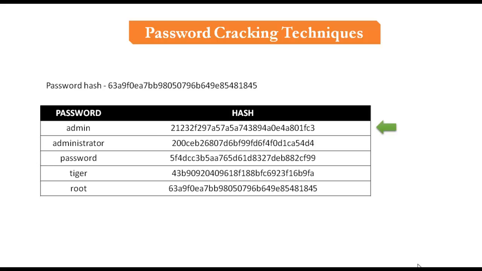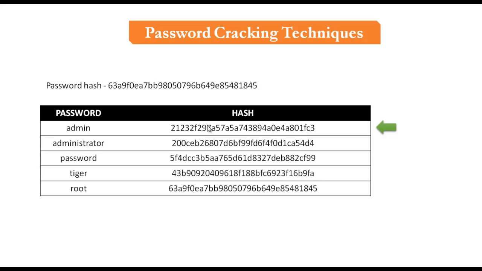Let us assume that this is the password hash we have to crack, and if we give this particular password hash to a tool which is using some rainbow table attack, this particular password hash will be checked with the pre-computed hashes which are already there in this hash table.